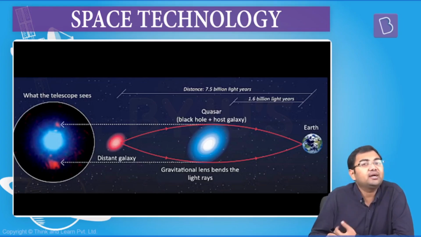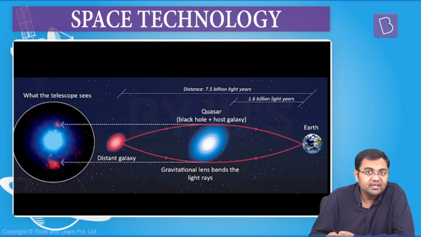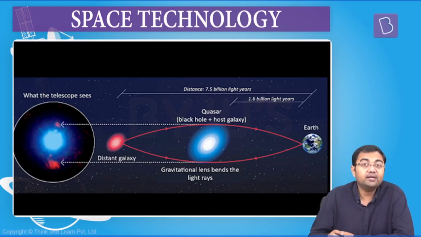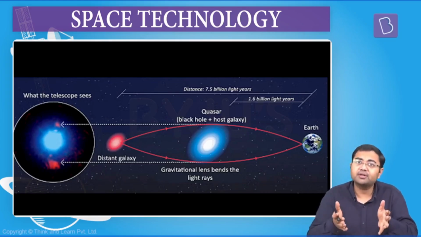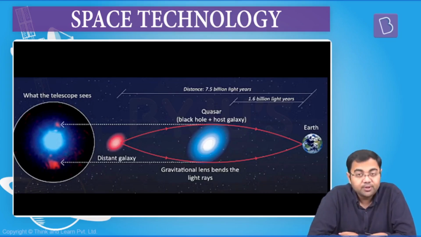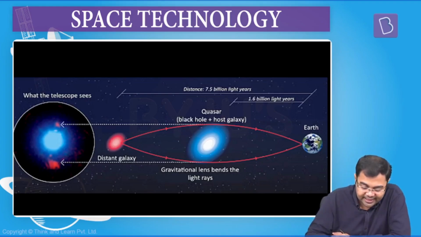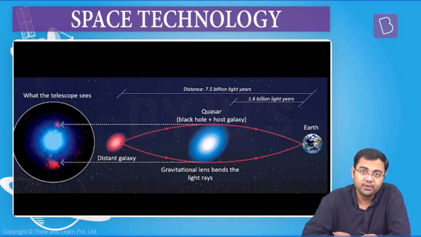In a similar manner, there could be a galaxy in the way. If there is something like that, it means that it is highly massive. And if it is massive, the path of light will be distorted around this object, around this celestial body or a cluster of celestial bodies. So because of that, light is reaching from here also and light is reaching from here as well.